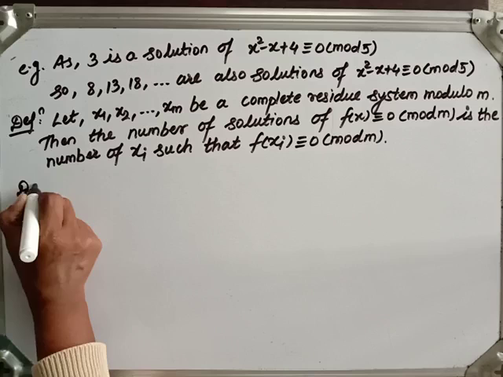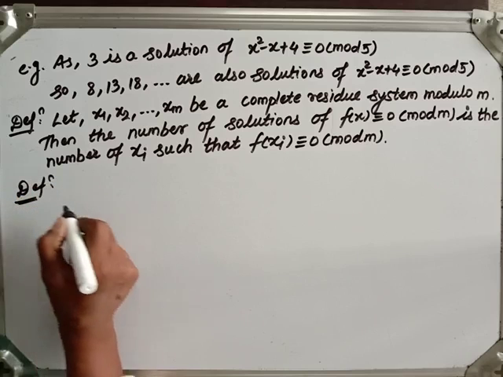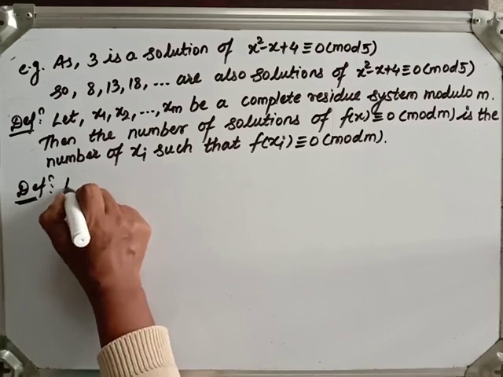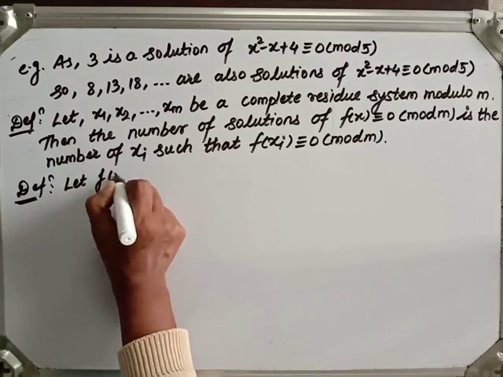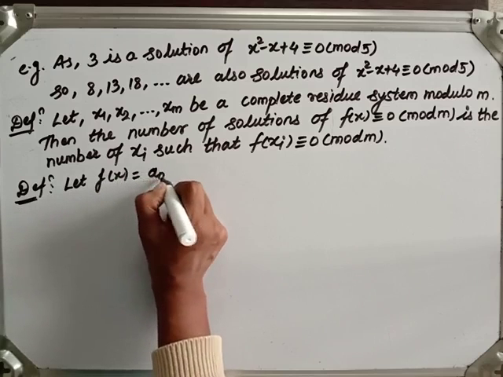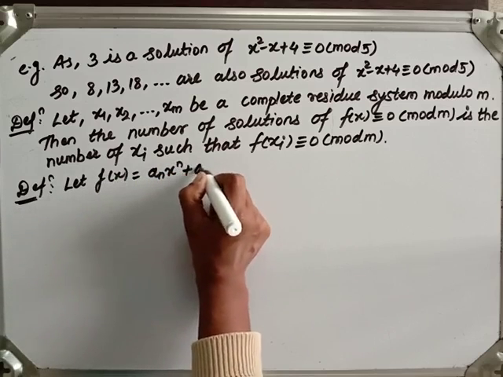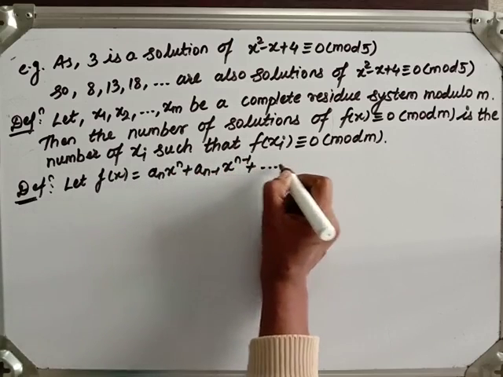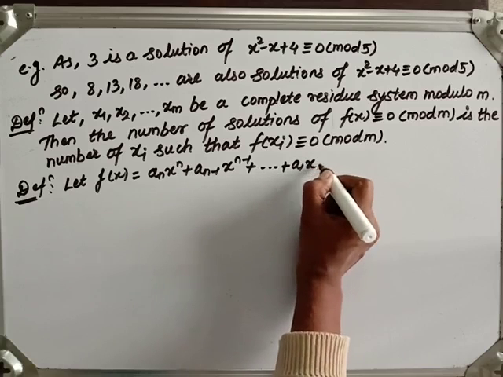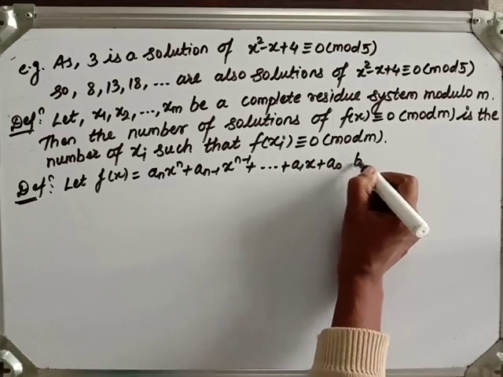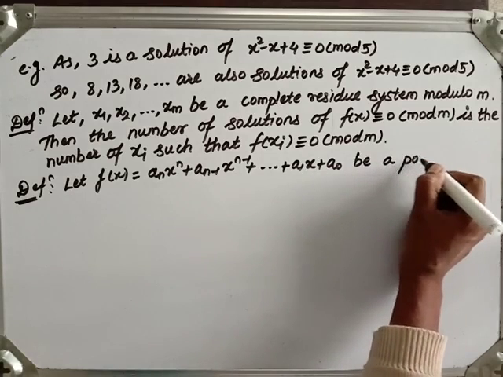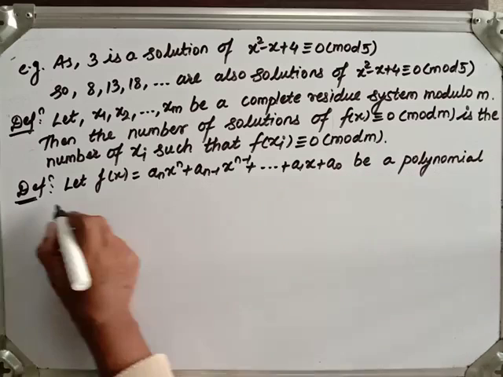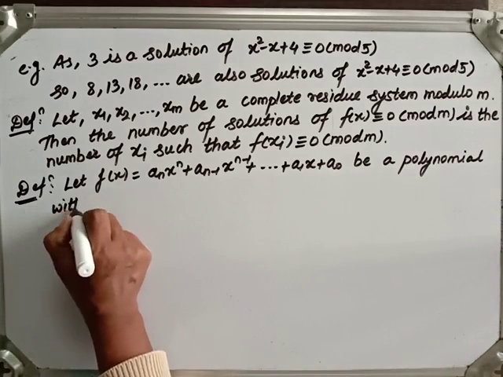Again, the next definition is of degree. Let f of x equal to a_n x raised to n plus a_(n-1) x raised to n minus 1 plus so on up to a_1 x plus a_0 be a polynomial with integral coefficients.